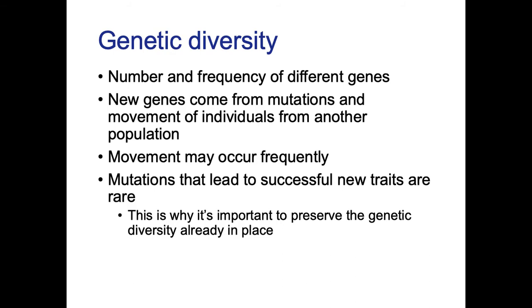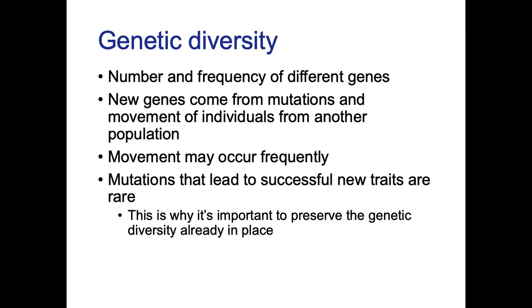Much more frequently, new genes will come from an individual dispersing from one population to another. So if there's a set of genes in one population and a different set of genes in a second population, if an individual moves and carries some of those genes from one to the other, that can introduce new genes into a population.